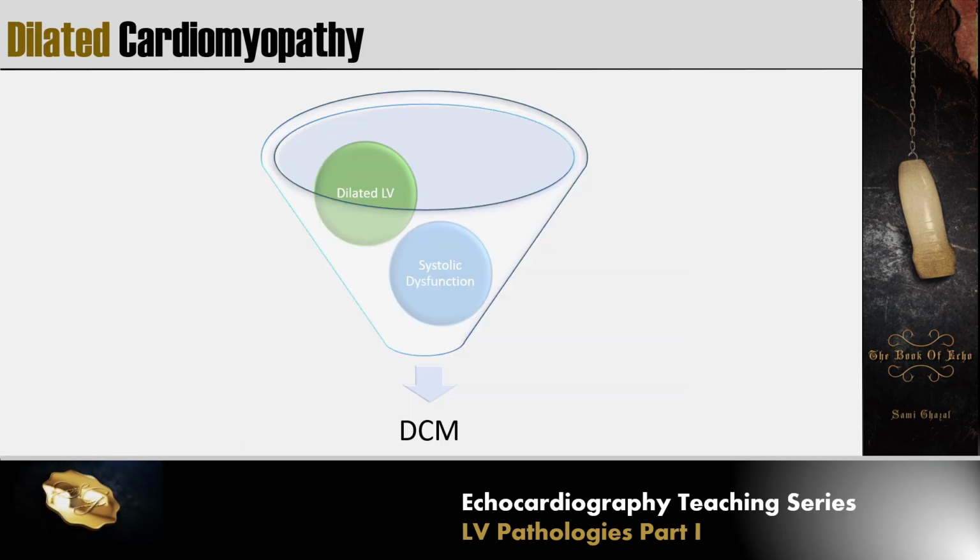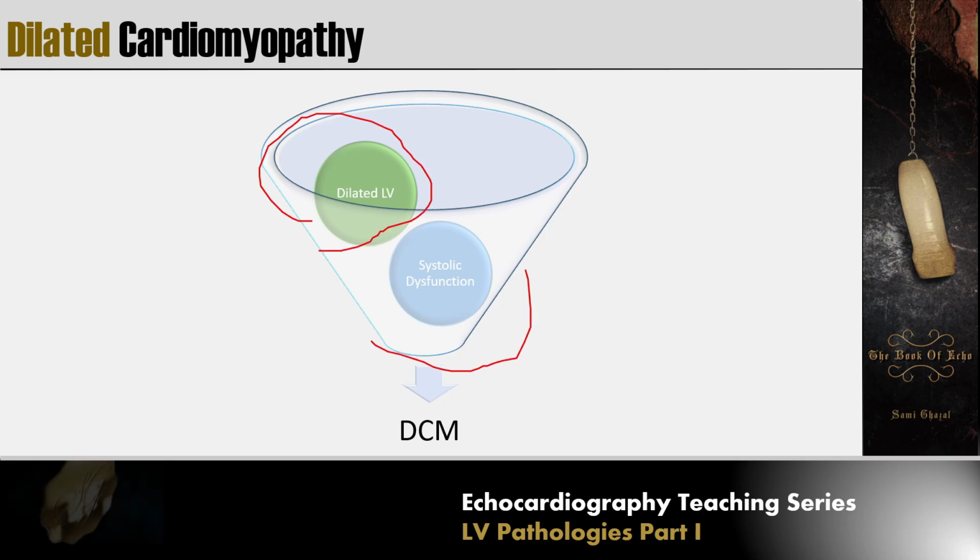Now, shifting gears from ischemic complications of the LV to dilated cardiomyopathy. Now, dilated cardiomyopathy has different etiologies, but usually it shares the same morphology, and the hallmark of dilated cardiomyopathy is, of course, dilated LV and systolic dysfunction, usually LVEF less than 40%.